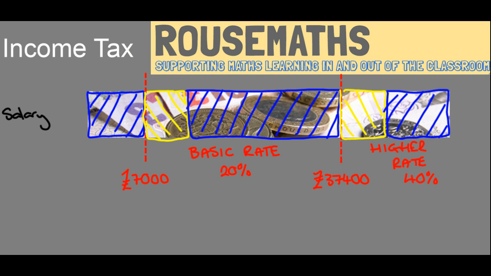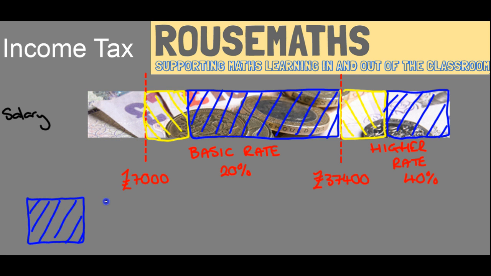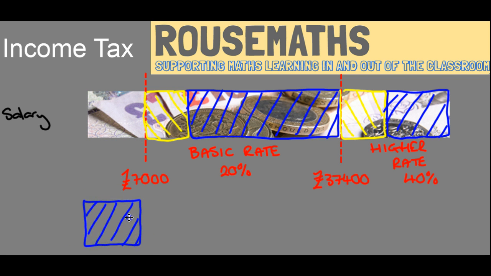So in order to work these out, what we have to be able to do is, first of all, if we know the tax allowance, we know that that's going to go into our income. So if we're looking at total income once tax has been taken off, and then we can also have a look at total tax as well.